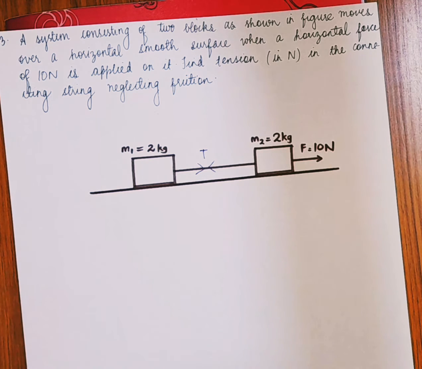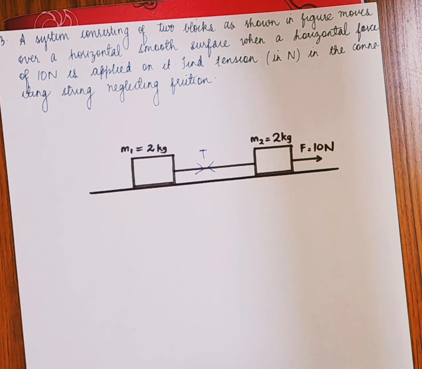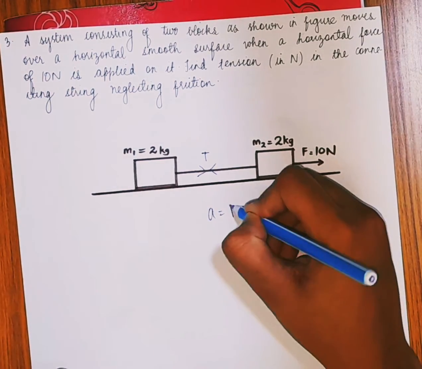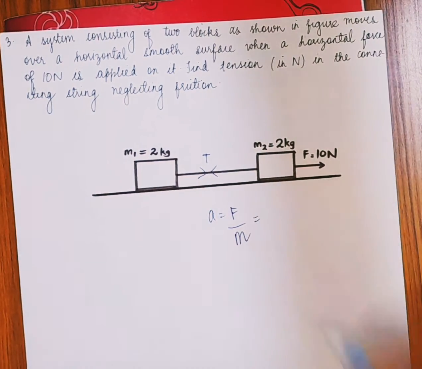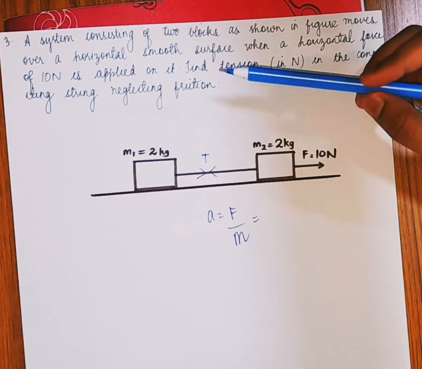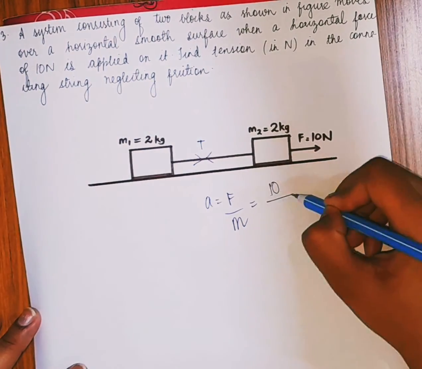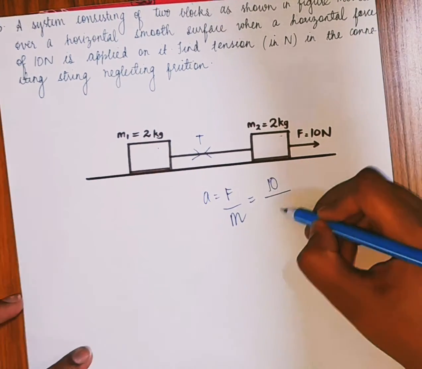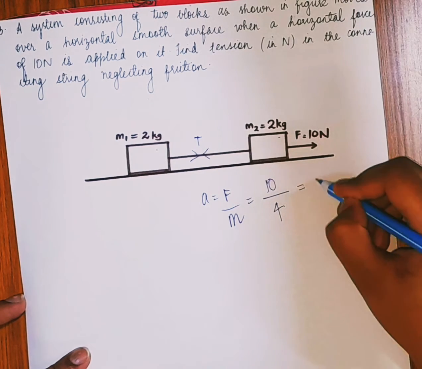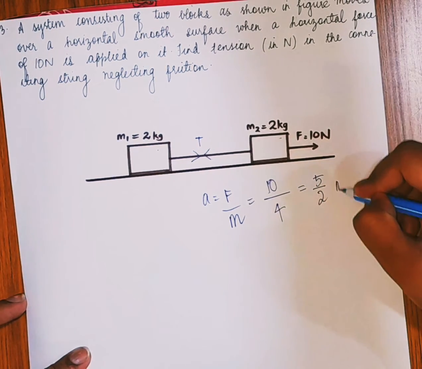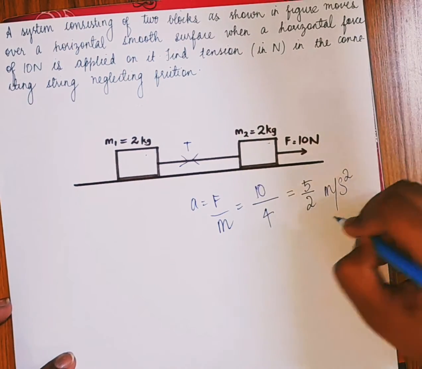And now we know acceleration is force by mass, a equals F by m. Force is given to us, that is 10 Newton. Mass is 2 plus 2, 4 kg. That would be 5 by 2 meter per second square.